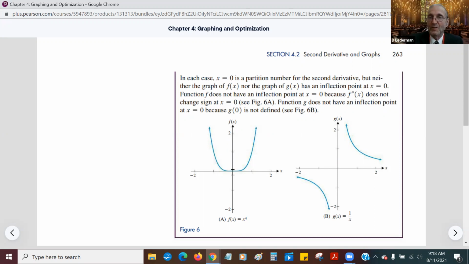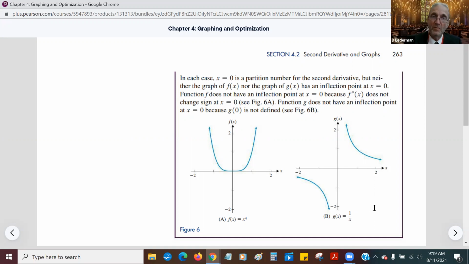So even though the second derivative is 0, it's not an inflection point. And here, this is the graph of 1 over x. Here it's going from concave down to concave up, but the graph is discontinuous at x equals 0. It's not defined at x equals 0.